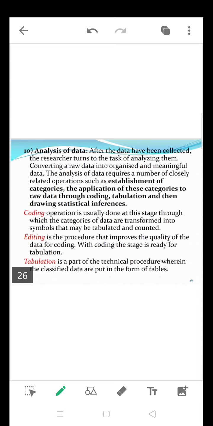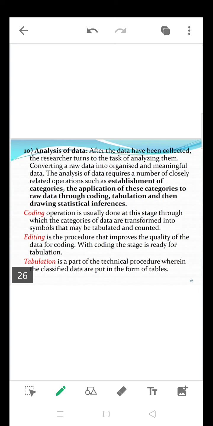Collected data is not all correct; some errors will be there, and some information not fully provided by the people will also be there. So such raw data is going to be arranged in an organized and meaningful way.